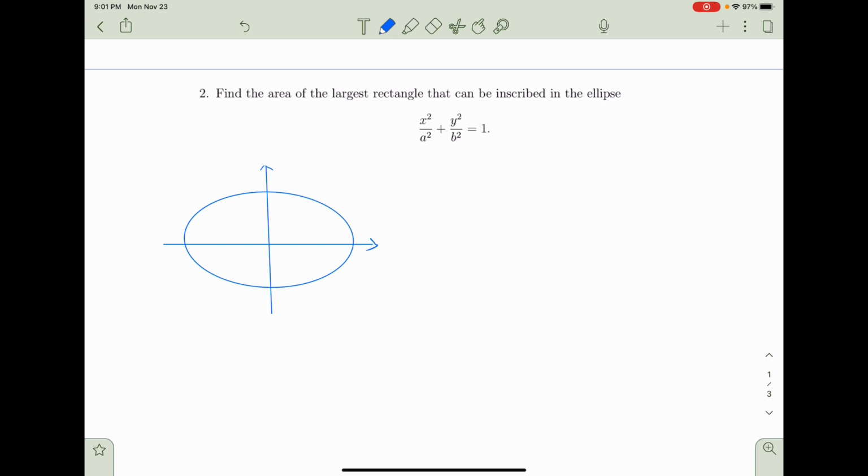Right. And then the rectangle looks like this. Okay, something like that.